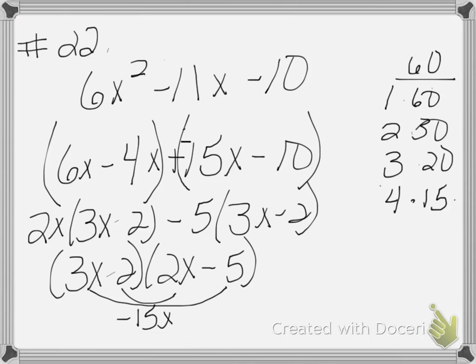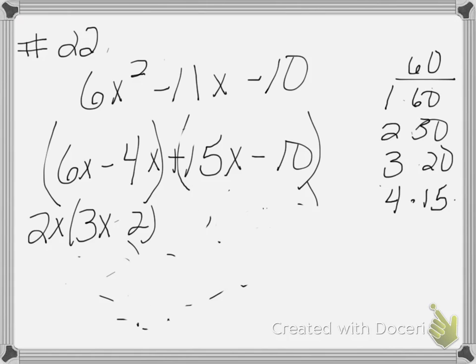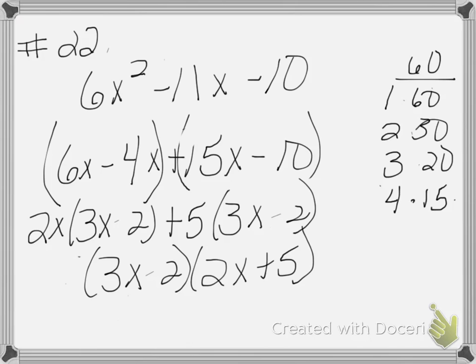Oh, I've done something wrong here. That was never a negative. Oh, sorry. It was never a negative. Let me erase it. So I'm going to factor out a 5 and get 3x minus 2. When I checked, I knew I did something wrong.